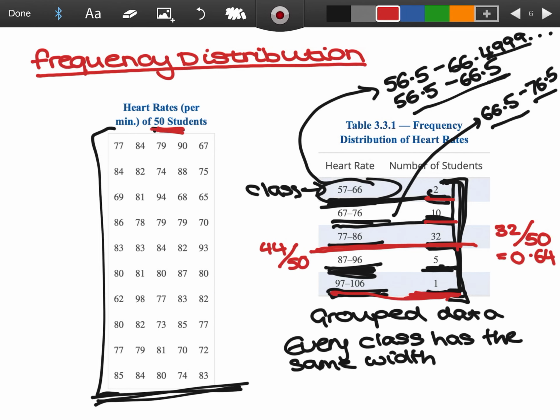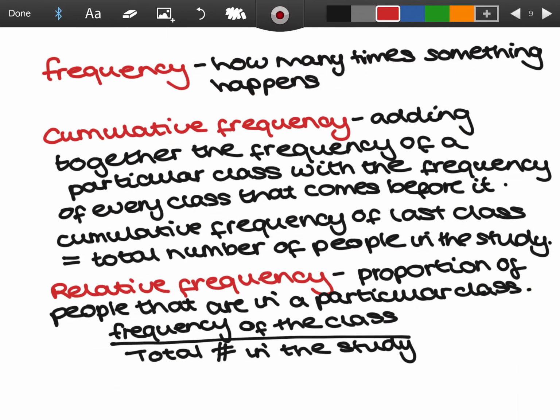So if I took the cumulative frequency of my last class, I know it's 1 plus 5 plus 32 plus 10 plus 2, which is 50. And then if I find the relative frequency of that cumulative frequency, I get 50 divided by 50, which is just 1. Okay, or 100% if you did it as a percentage. So your cumulative relative frequency of the final class should always be 1. Okay, you've dealt with 100% of your data by doing this.